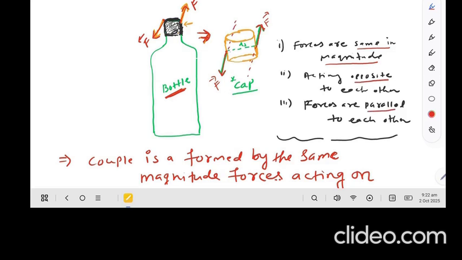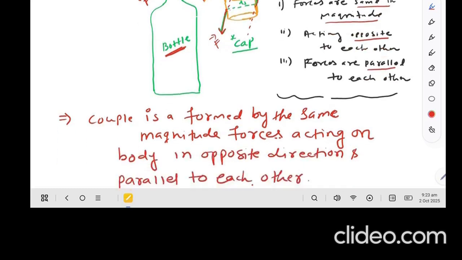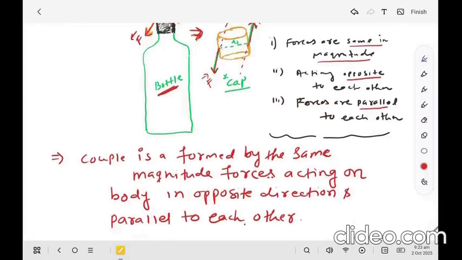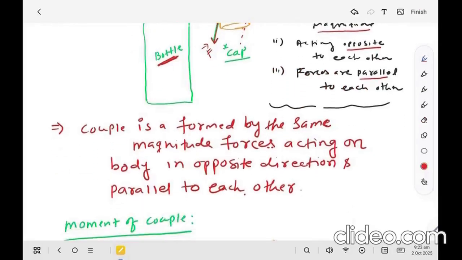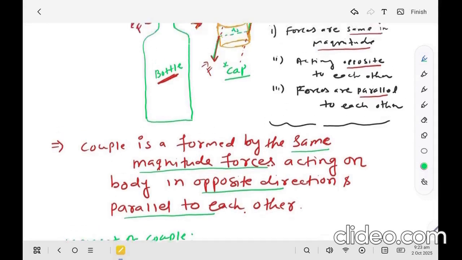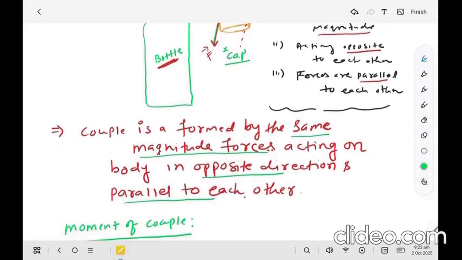This is what we call a couple. It means a couple is formed by forces of the same magnitude acting on a body in opposite direction and parallel to each other. This is what we call a couple acting on a body.